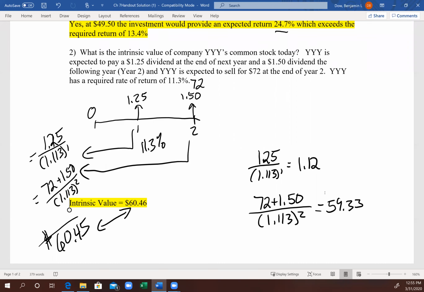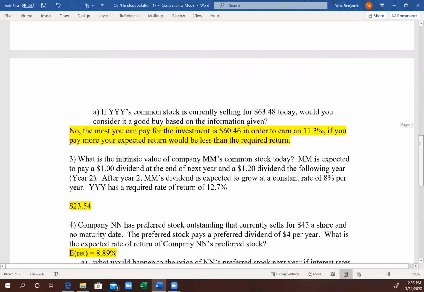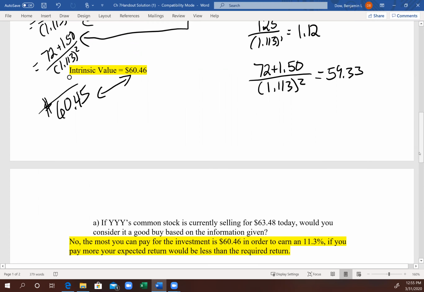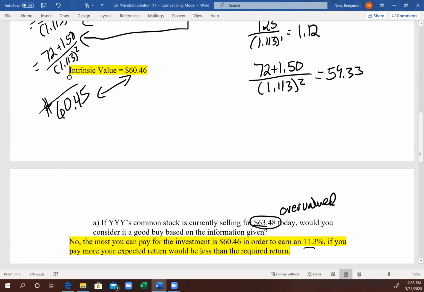So now what we've got to look at, if that's our intrinsic value, what if the stock is selling at 63.48 today? It's overvalued, and we wouldn't consider it a good buy. Because if we pay more than 60.45, we'll still earn a return, but we won't earn what we require. And you can kind of see why stocks are risky.